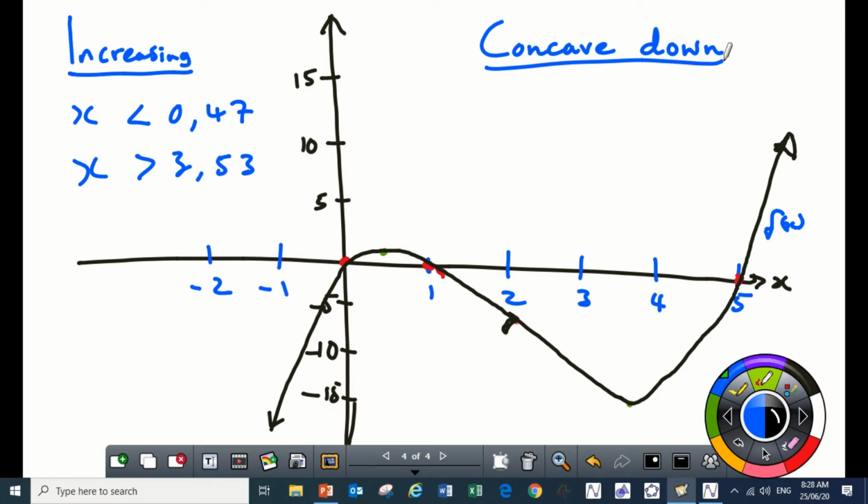Any question asking you about concavity, the x value at the point of inflection must be part of the answer. It has to be part of the answer. The x value here is 2. To the left of x equal to 2, the graph is concave down. So you can just write the answer here: x is less than 2.